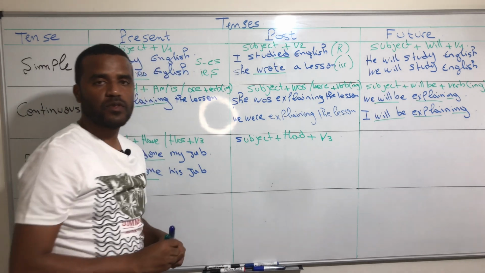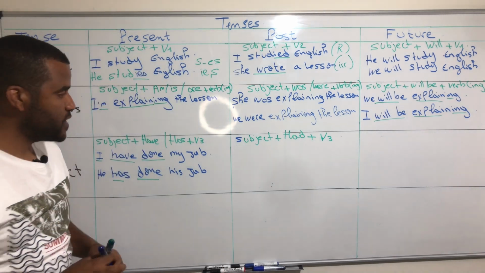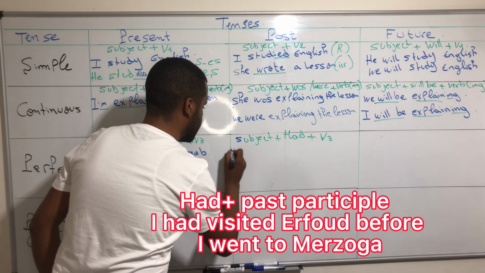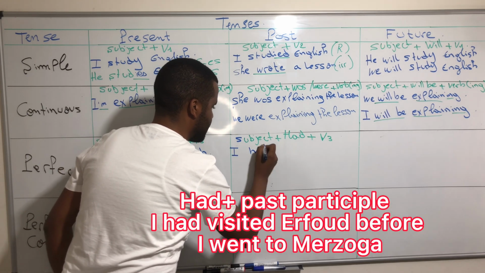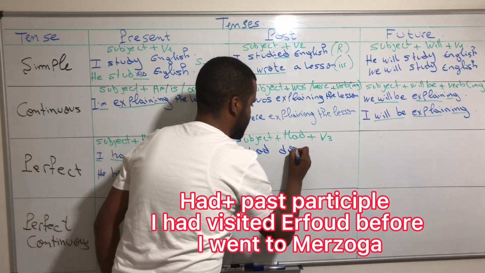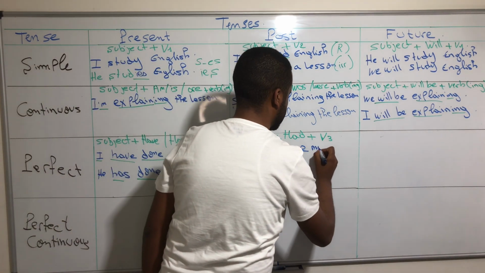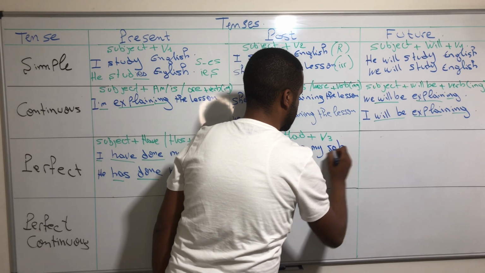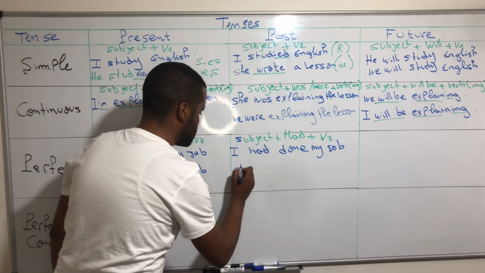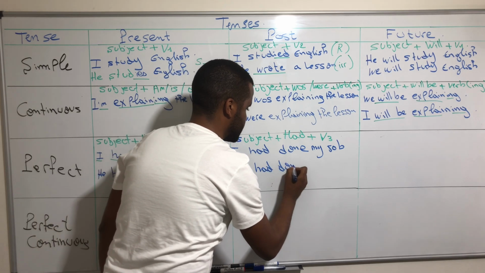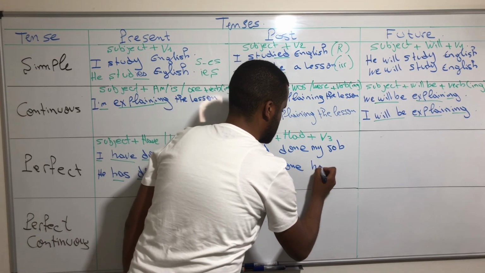For example, you can say I had done my job. Or we can say she had done her job.